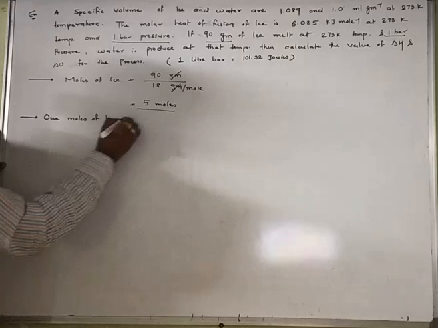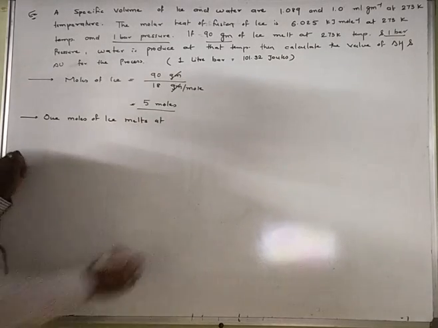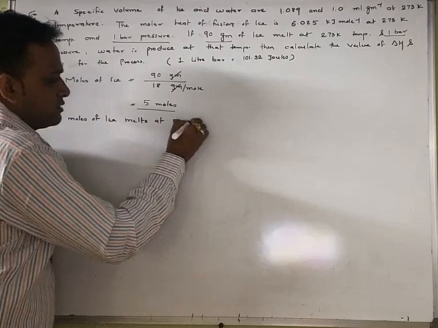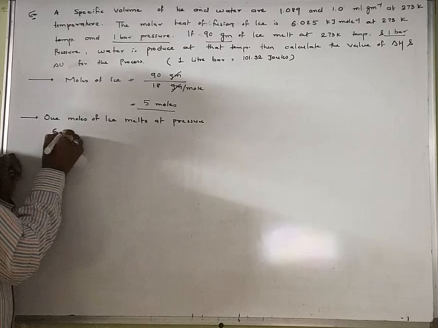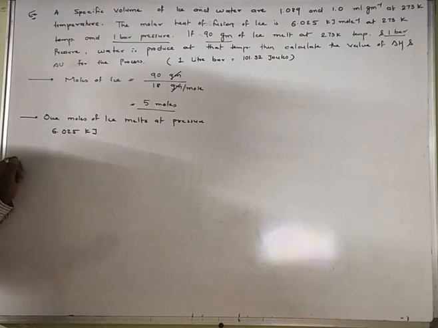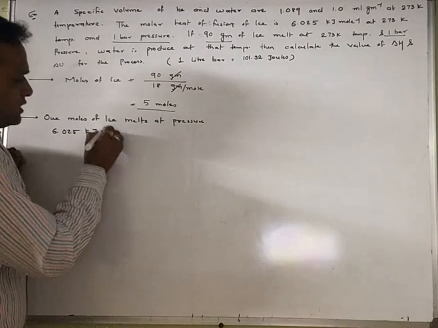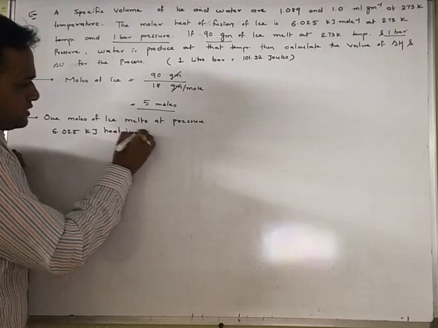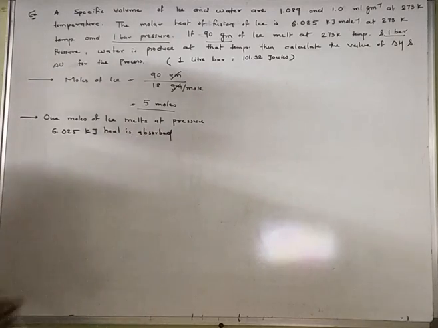Now when 1 mole of ice melts at 1 bar pressure, 6.025 kilojoule heat is absorbed at constant pressure.